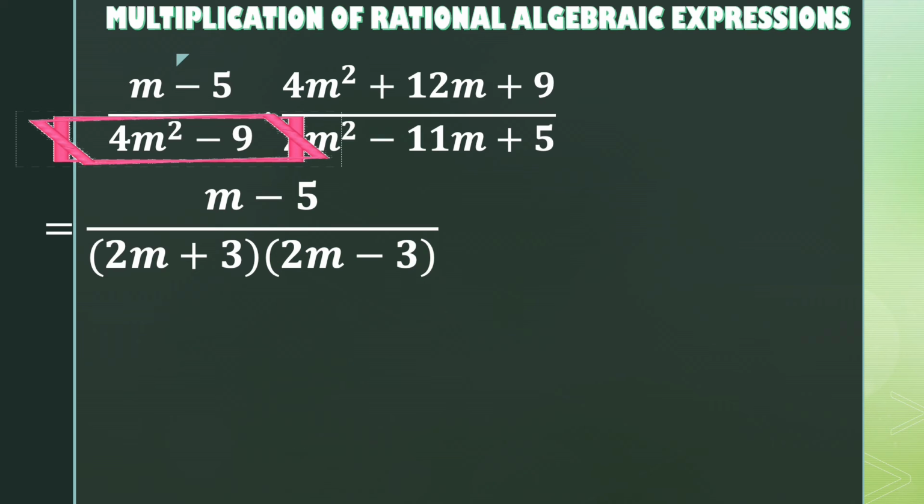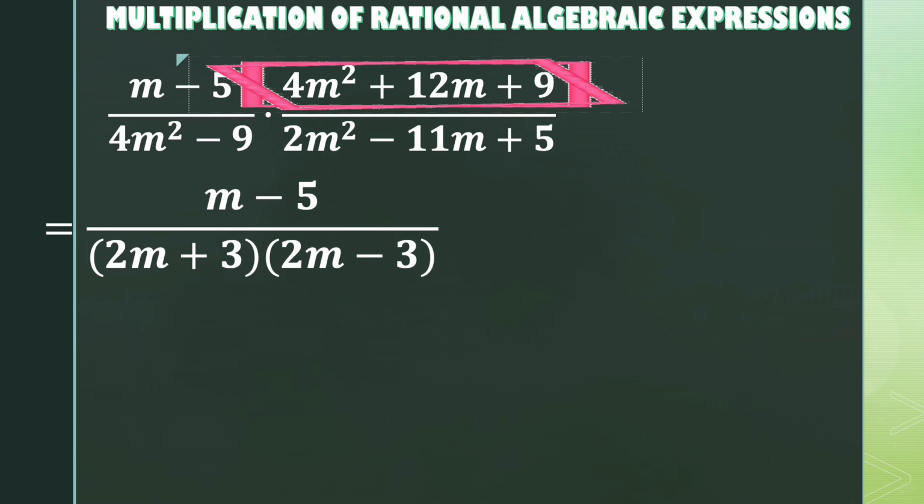Proceed tayo dito sa ating numerator on the second expression, which is 4m squared plus 12m plus 9. So, this is an example of perfect square trinomial. So, anong gagawin natin? So, gagawa lang tayo ng isang parenthesis, then may squared tayo sa labas. Okay? Then, kuhanin natin yung square root nito.